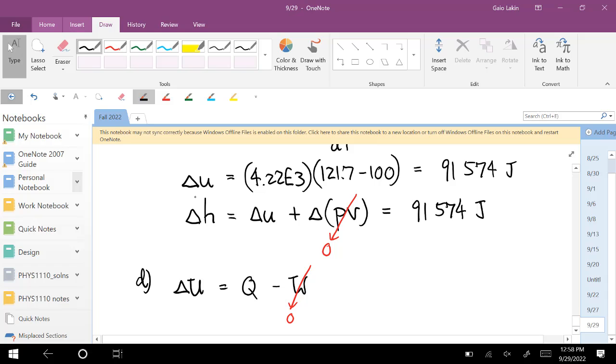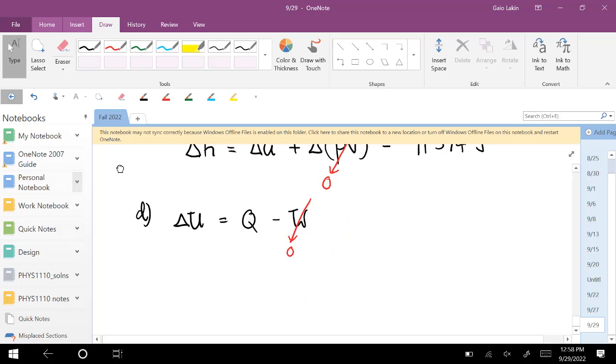We already figured out the change in specific internal energy, and we know we have 10 kilograms of liquid.